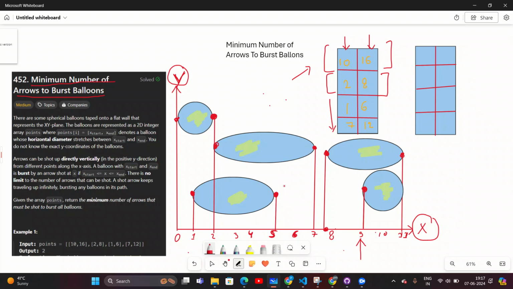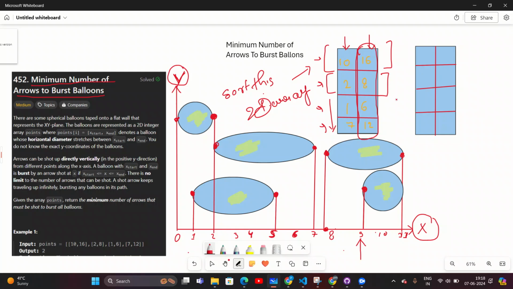Now, since it is not in a sorted format, in order to solve this problem efficiently, we first need to sort this 2D array. And what we are going to take is the ending coordinates of these balloons as the parameter for sorting these horizontal diameters, basically the ending vertex.